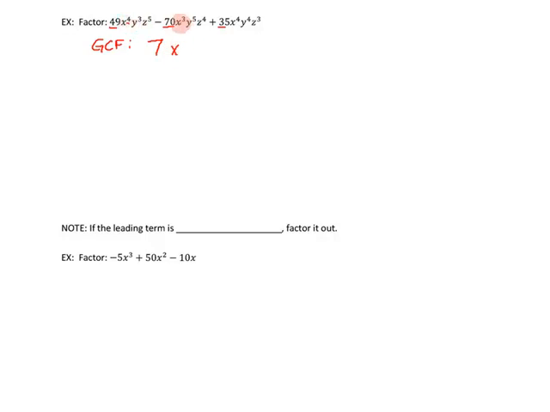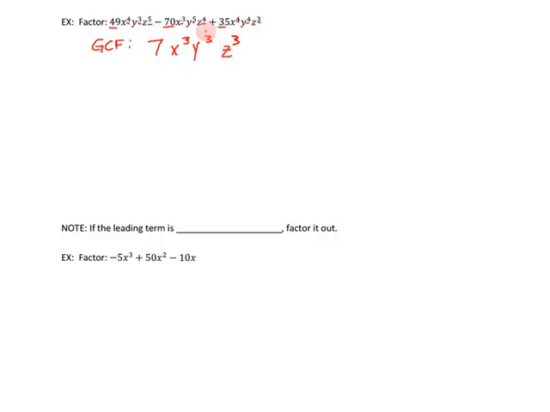We have a 4, a 3, and a 4, so the smallest power is cubed. For y, again, the smallest power that we see from 3, 5, and 4 is a 3. And for z, the smallest power we see from 5, 4, and 3 is 3. So your GCF is 7x cubed y cubed z cubed.